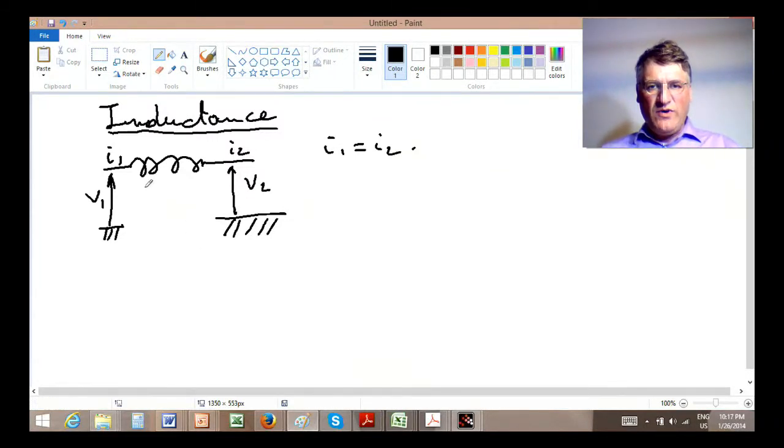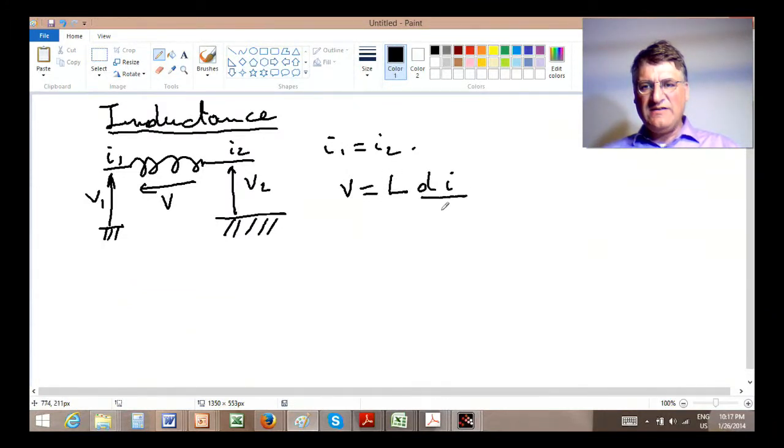And what we get is that the voltage V is equal to L di/dt, where I is just I1 and I2.